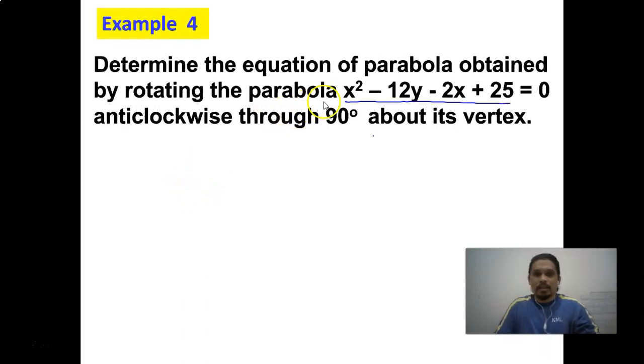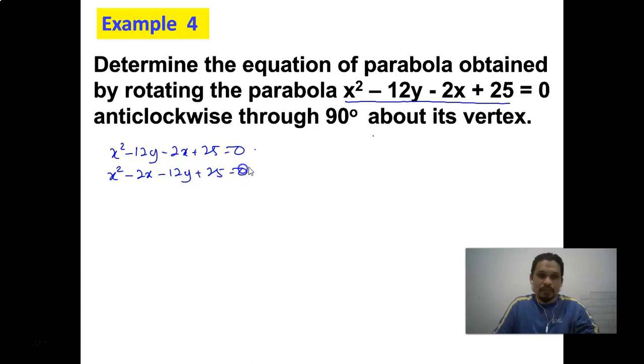I'm just going to solve it straight here, from x squared minus 12y minus 2x plus 25 equals 0. So x squared minus 2x minus 12y plus 25.